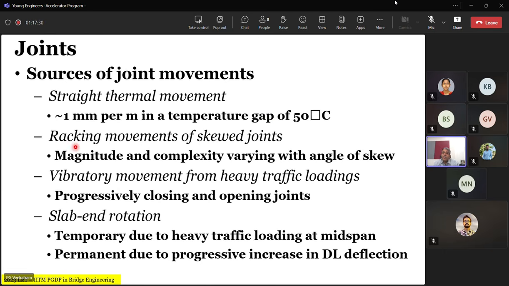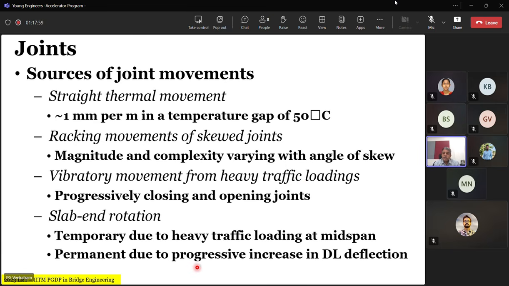Then racking movements in skew joints, because in skew joints the deck oscillates due to the direction of the deck, with the magnitude and complexity varying with the angular skew. You have vibratory movement from heavy traffic load, both vertical and horizontal because of the vibration of the substructure. And then you have strap and rotation due to heavy load, which means the joint tends to have an upward deflection also.